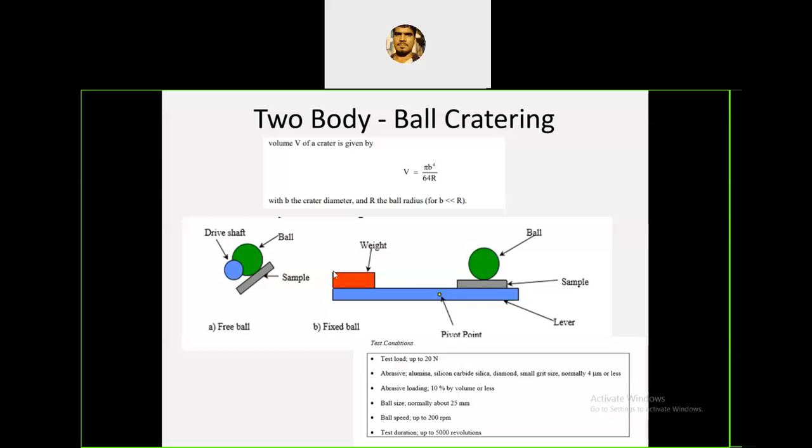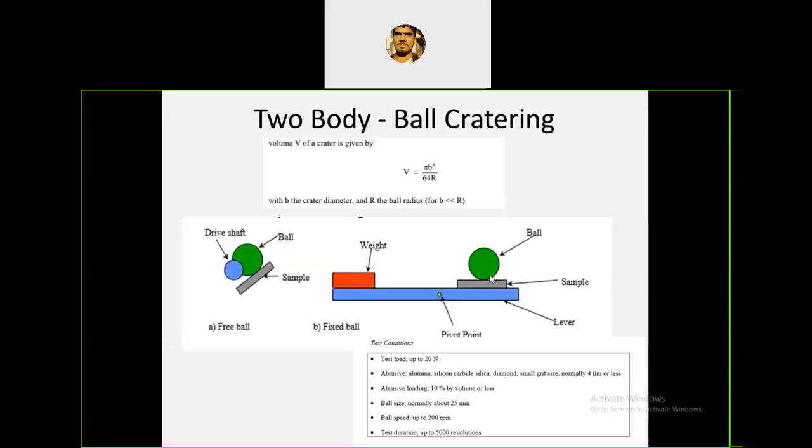The same thing happens here. It's a horizontal plate on that pivoting point, and on one side I apply the load and here the specimen is there, and this is a rotating ball. Because of this load, the specimen will move against the rotating ball, clear, and it will make the crater on this surface.